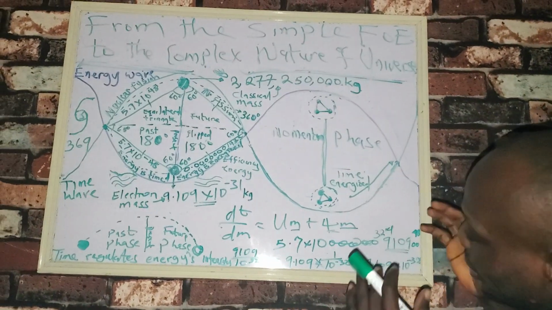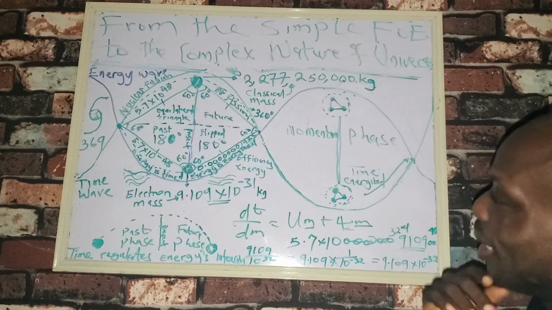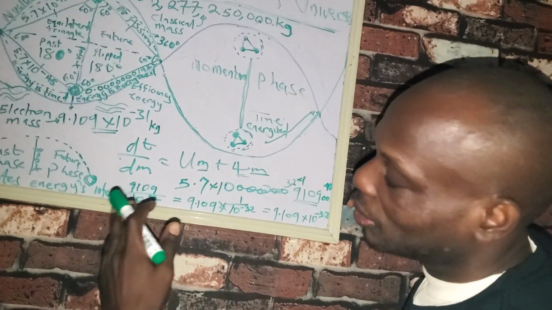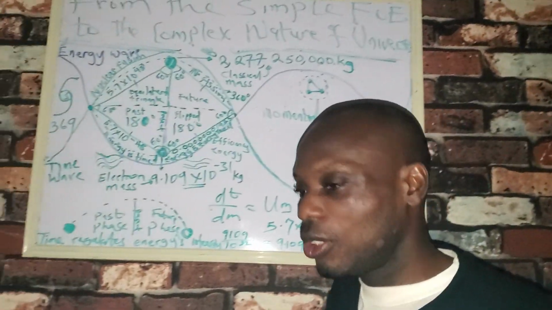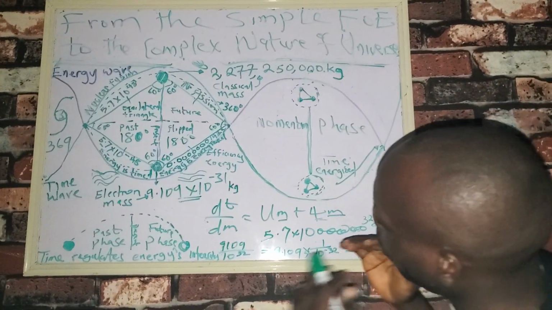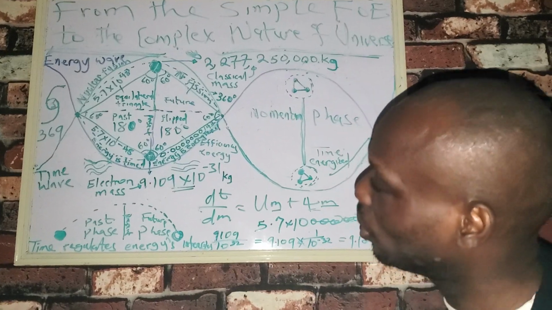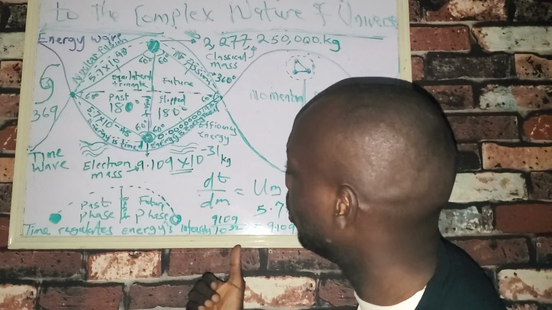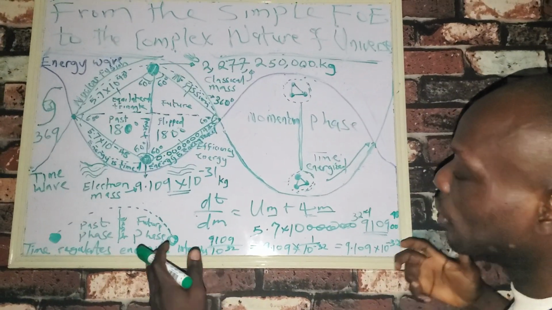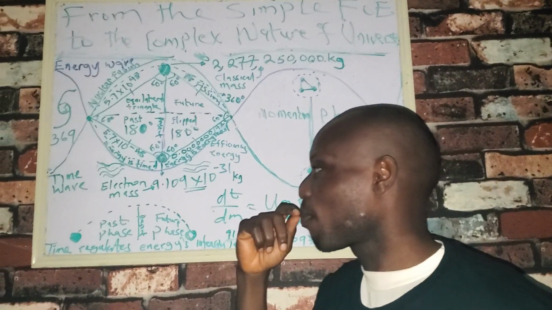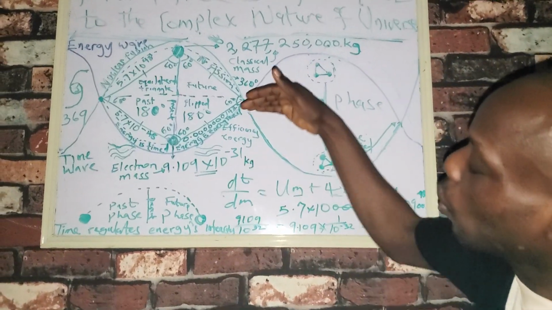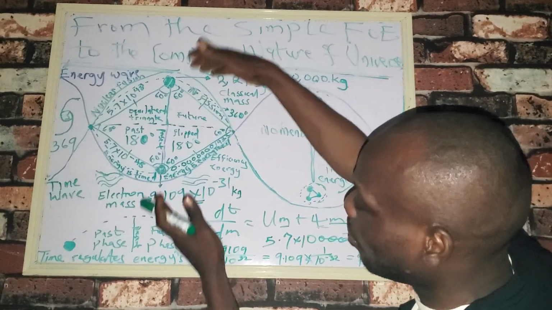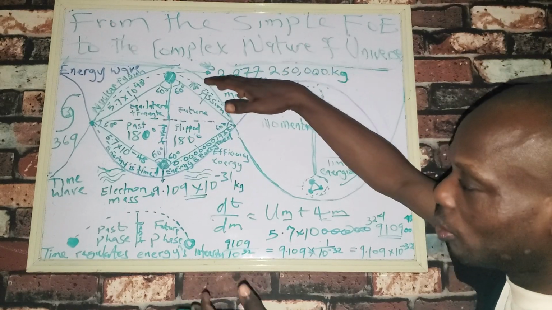So we can see that dynamics here, and that dynamics could result to the complex nature of the universe. Now, when you look at what we have here, you will get the variation of what is being eventually formed as a result of the position of the input in the time energy wave model or beyond.